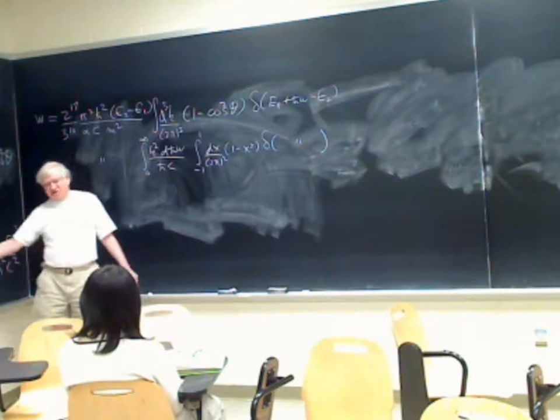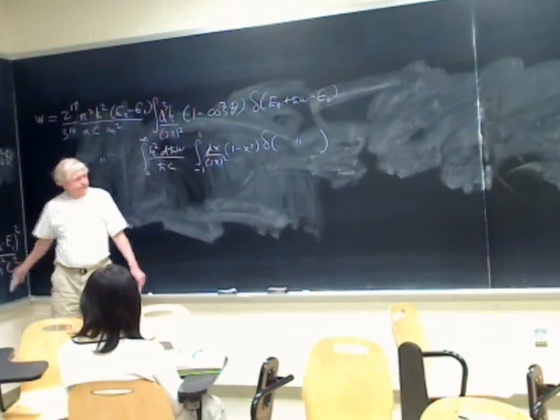So the delta function sets k squared into this.